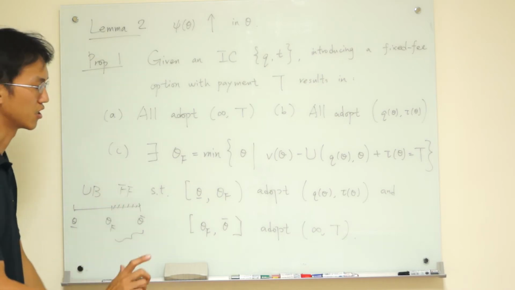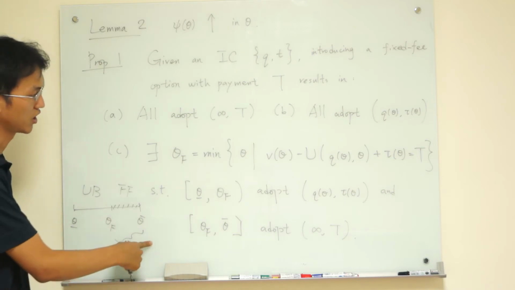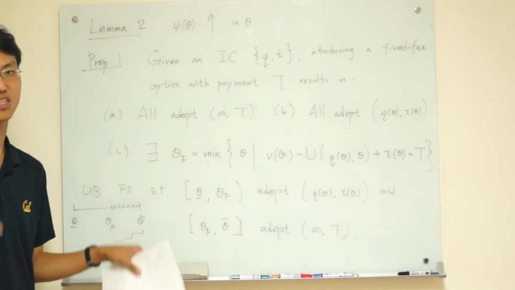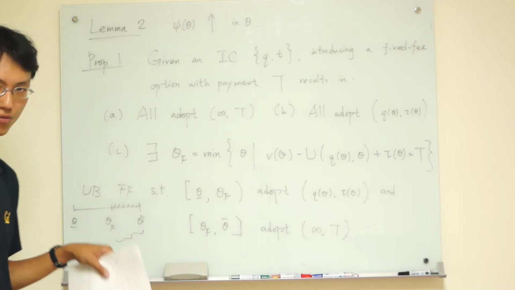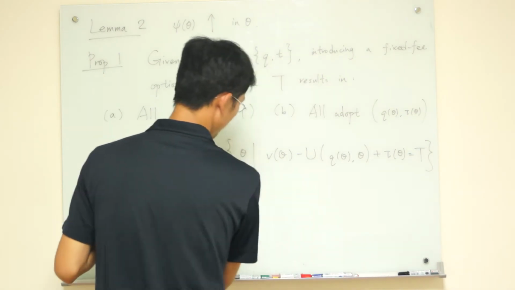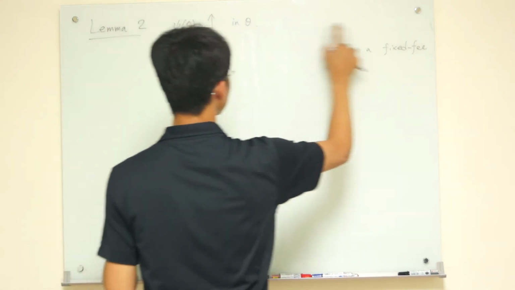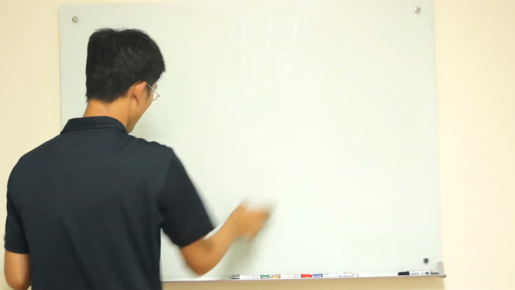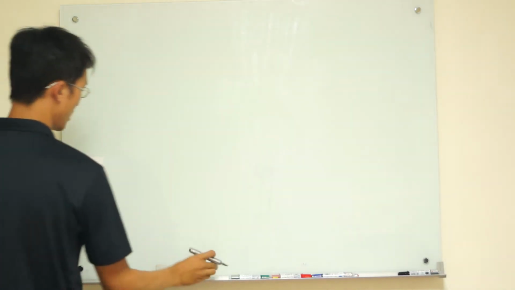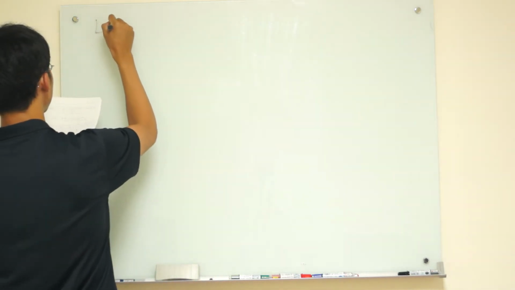But here we're saying that it's not like our conjecture. Introducing T is always good, and it can always strictly improve our profit. The results are stated in proposition 2, but before that we need one more lemma.